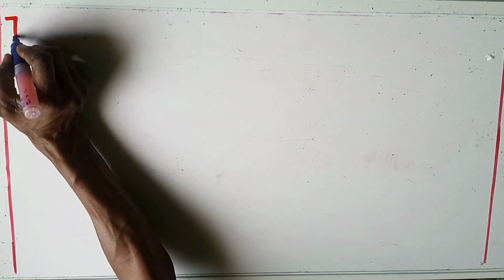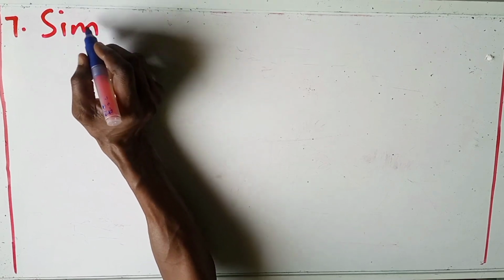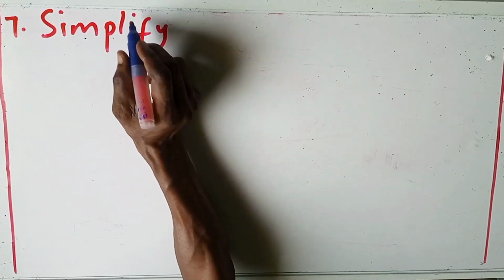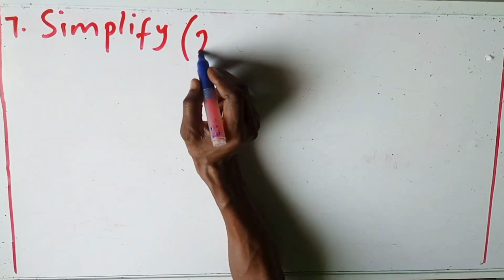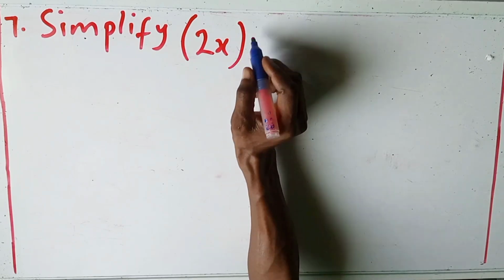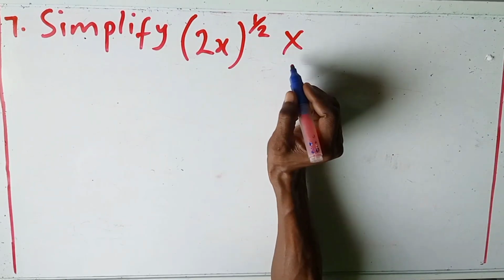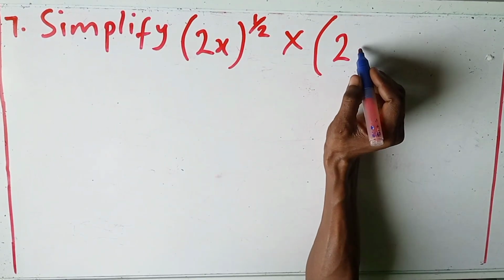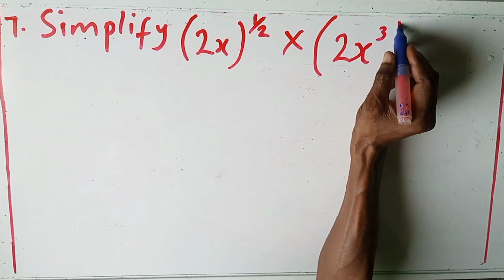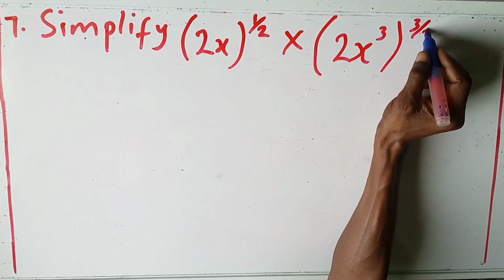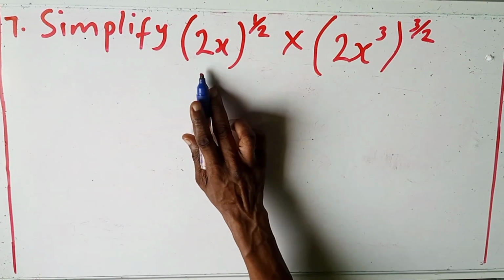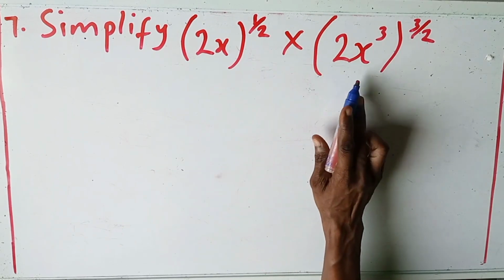The next example says, simplify in bracket 2x raised to power 1 over 2 times in bracket 2x raised to power 3 raised to power 3 over 2. So the next thing we need to do is to remove the bracket.